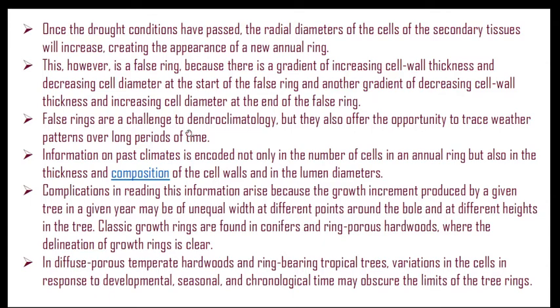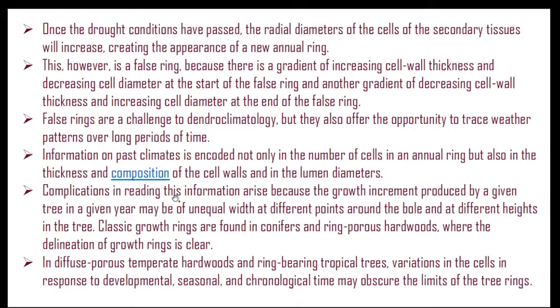False rings are a challenge to dendroclimatology, but they also offer an opportunity to trace weather patterns over long periods of time. This information on past climates is encoded not only in the number of cells in an annual ring but also in the thickness and composition of the cell wall and in the lumen diameters.